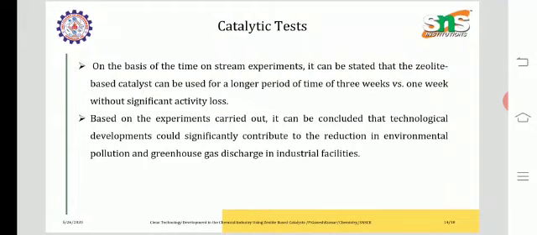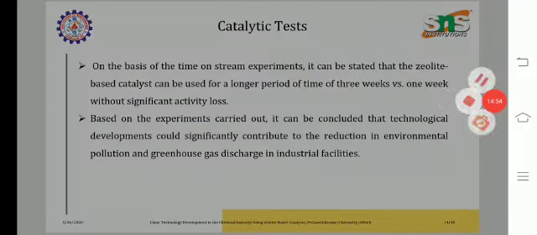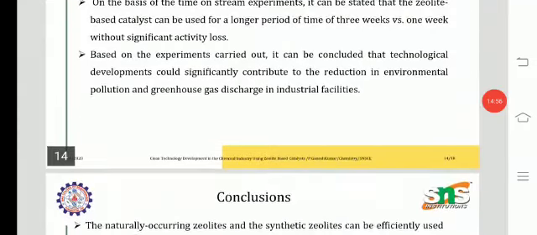Based on the experiments carried out, it can be concluded that technological developments could significantly contribute to reduction in the environmental pollution and the greenhouse gas discharges in the industrial facilities.